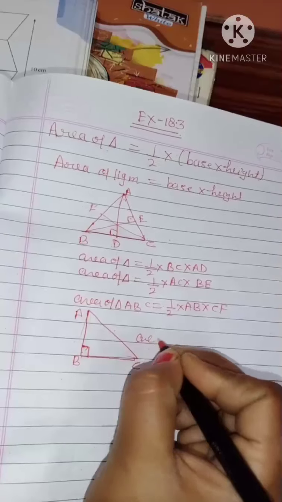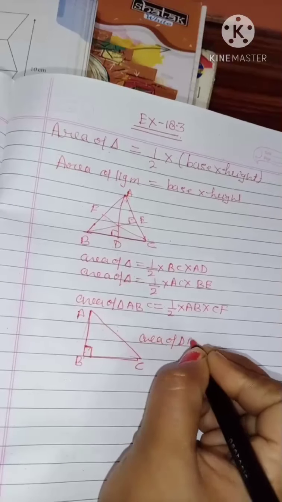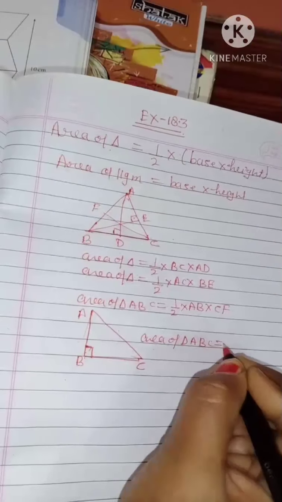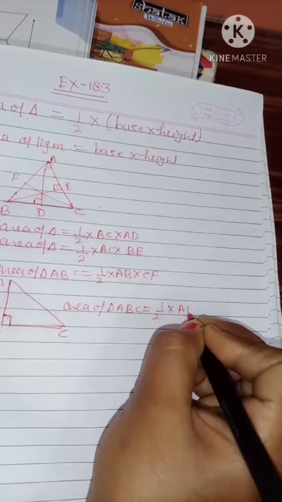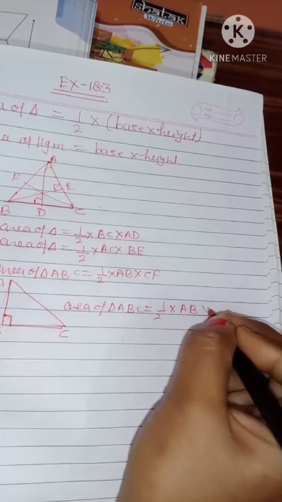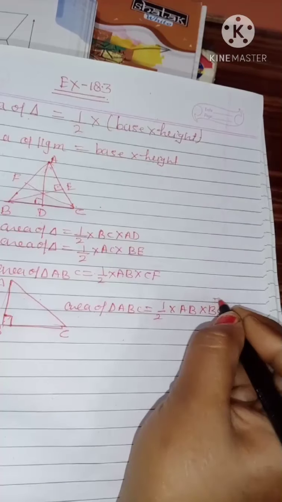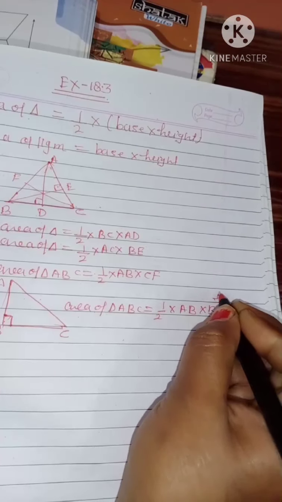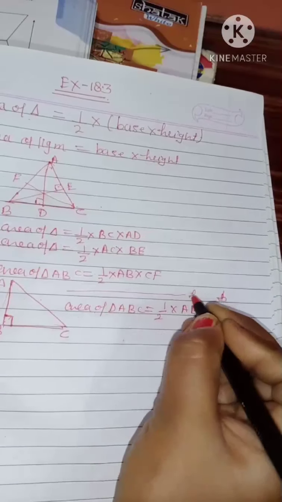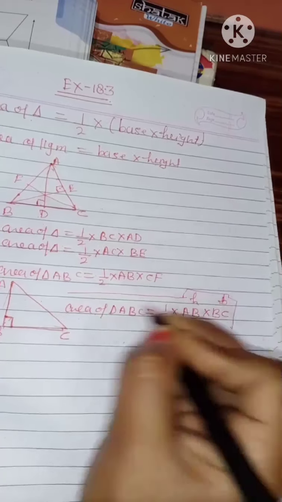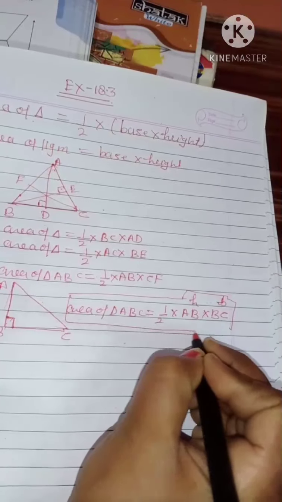So the area of triangle ABC in this case will be 1/2 into AB into BC. BC is the base and AB is the height in this case. So in this way we can calculate the area of a triangle in different ways.